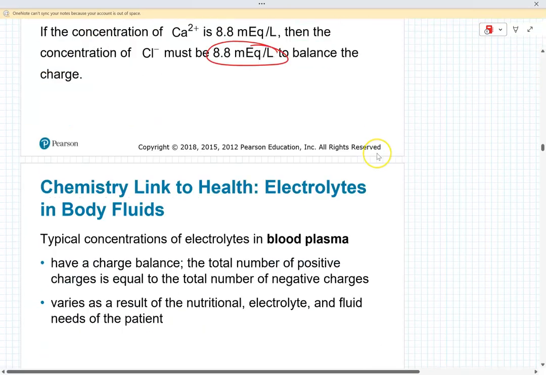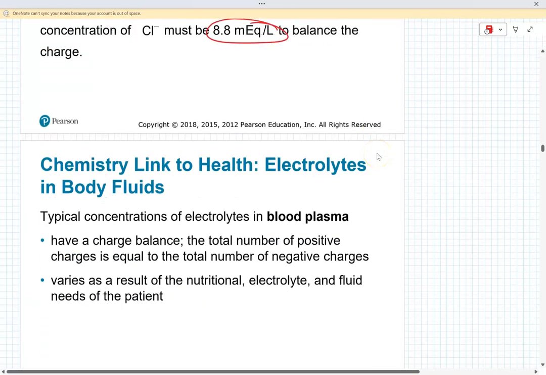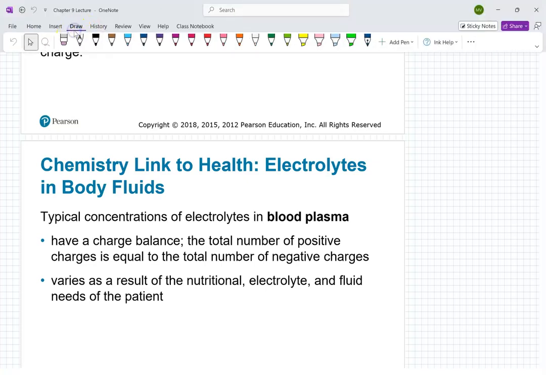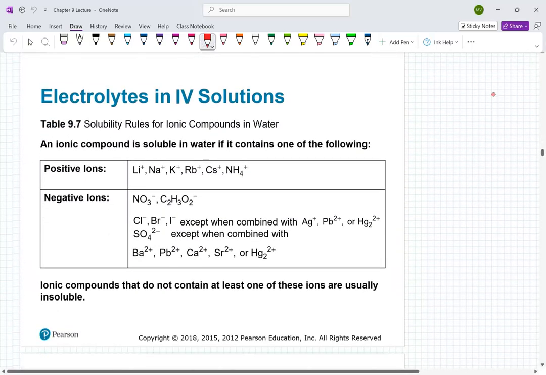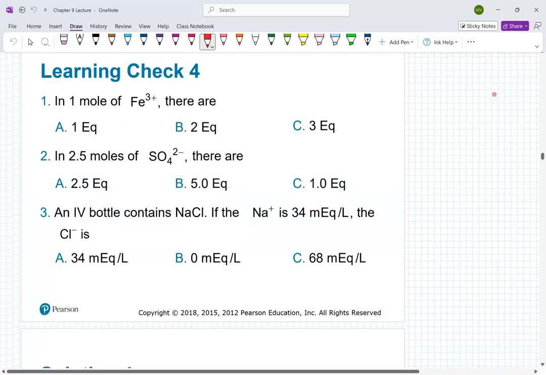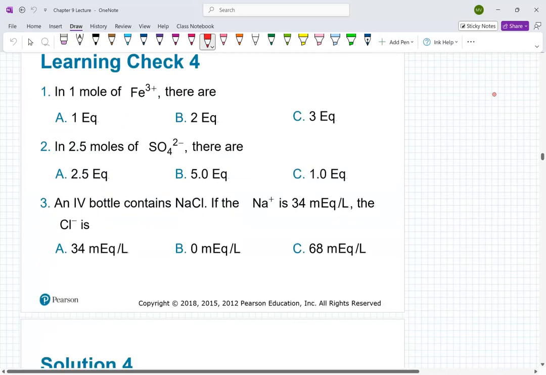And we mentioned that equivalents are fairly often used in medicine when the concentrations of critical ions are expressed in the equivalence rather than the actual concentration. So this just shows you what are the main ions in the IV solutions, but now we're going to refresh our understanding of the equivalence here.